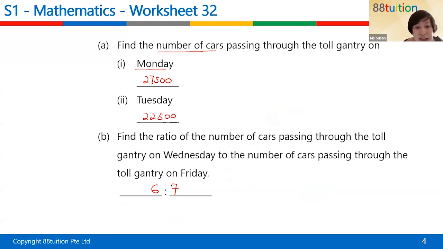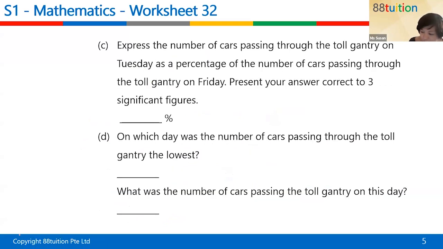Next question, part C. Express the number of cars passing through the gantry on a Tuesday as a percentage of the cars passing through the gantry on the Friday. Represent your answer to 3 significant figures. So you want Tuesday as an expression of Friday.